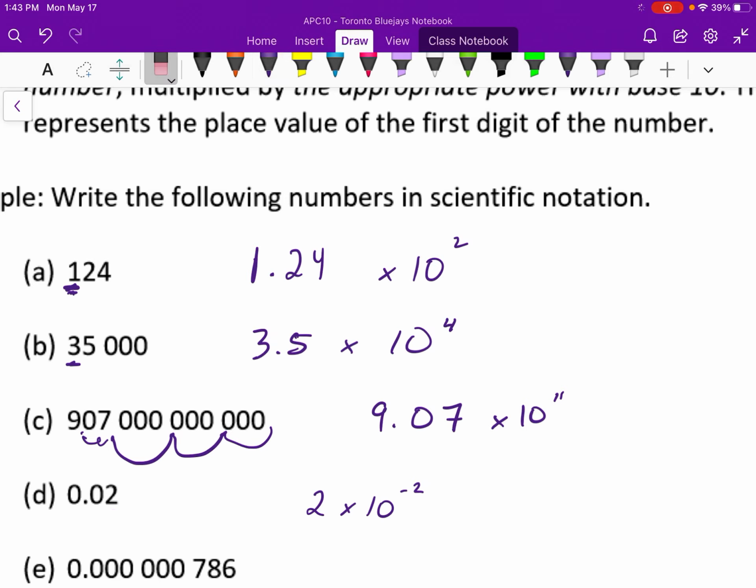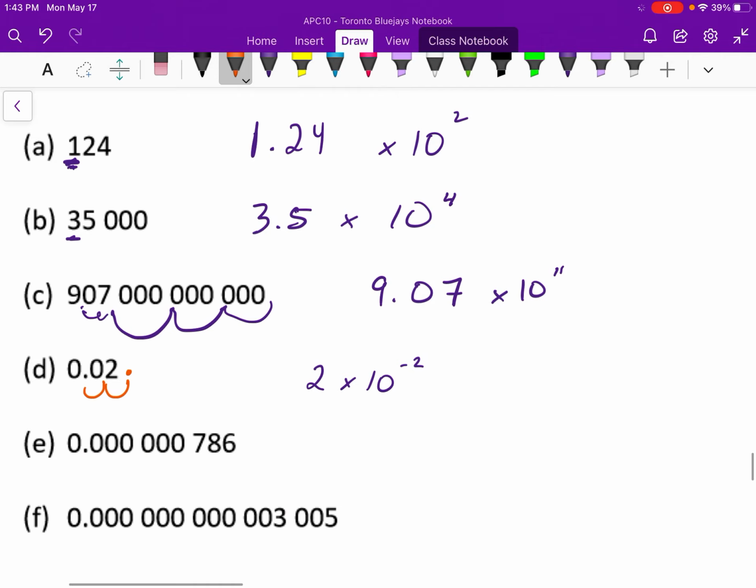And if you're maybe wondering why, let's count by decimals. -1 decimal, -2 decimals. To move your decimal place 2 over to the right, it would be 10 to the power of -2. Now, why did I choose to write 2 and not 2.0?